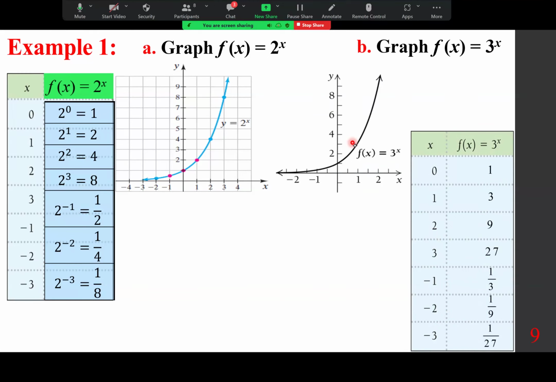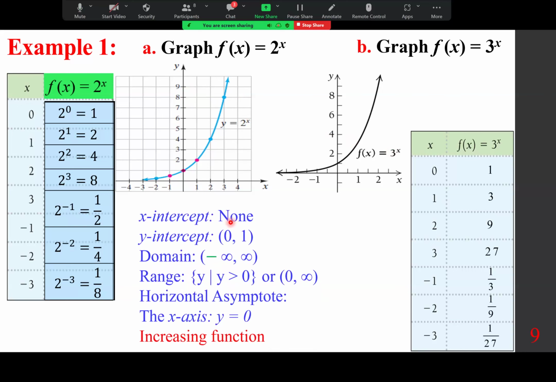As you can see, they are similar, but if you graph them on the same set of axes, because the base is larger here, it gets closer to the y-axis. Both of them have the following. X-intercept, we don't have any. Y-intercept, in both cases, at 0, 1.